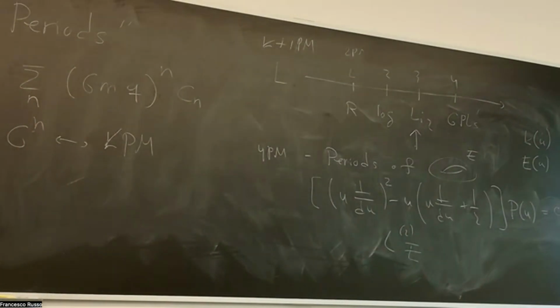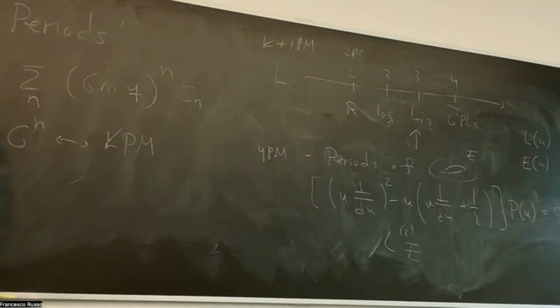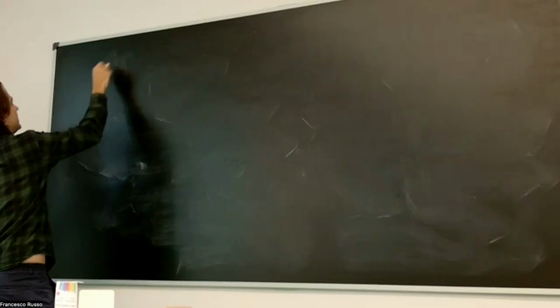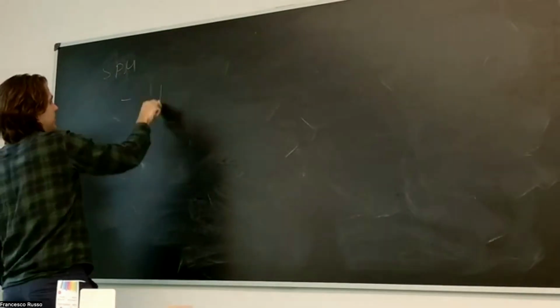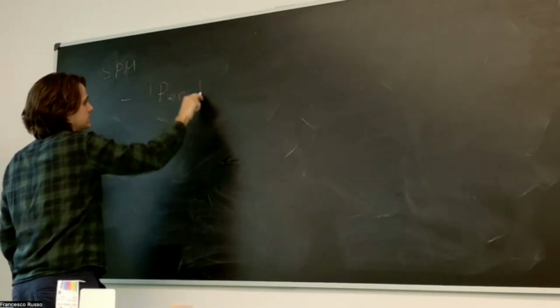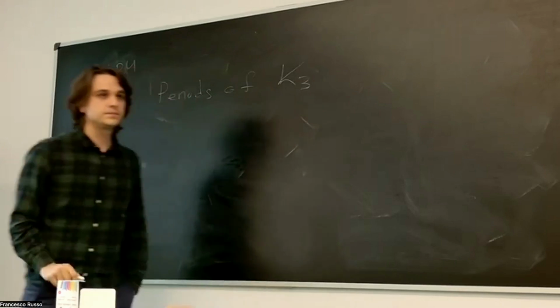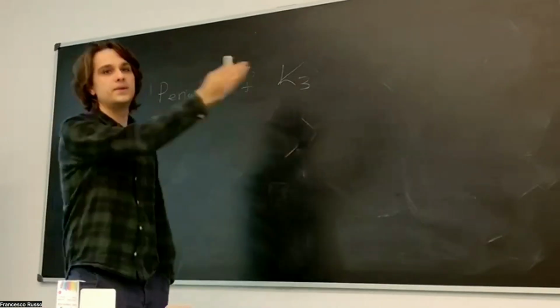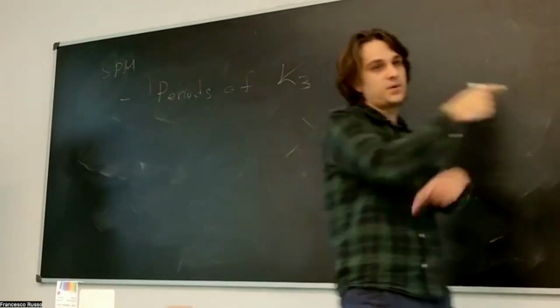So in fact this is a hint of what lies ahead, because when people went to the next order, so when people went to this 5 PM order, what they found is something else. What they found is periods of some particular family of K3 surfaces, parameterized by one variable, which is essentially the relative velocity.